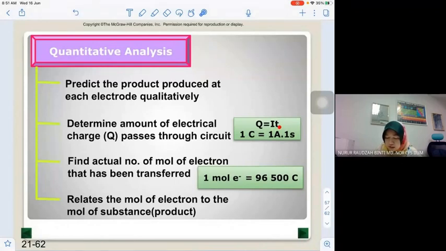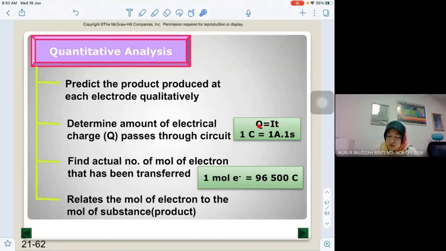Of course, the greater the current that we use, in units of ampere, the more current we use, the greater the charge that is flowing. The longer the time that we give for the reaction to occur, the more charge that is flowing.